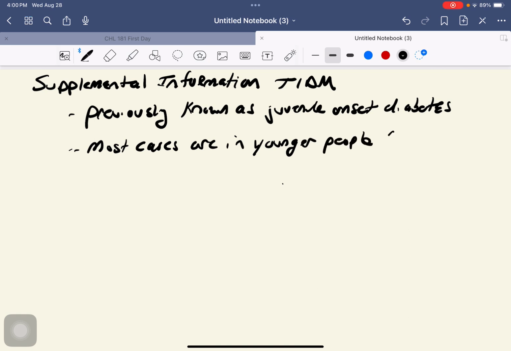Most people are diagnosed when they're usually less than 40 years old. Usually it's in the teens, maybe even earlier. It's usually 8, 9, 10, 12, 13, 14 years old, maybe up into the 20s, when most cases of type 1 diabetes mellitus are caught and diagnosed.